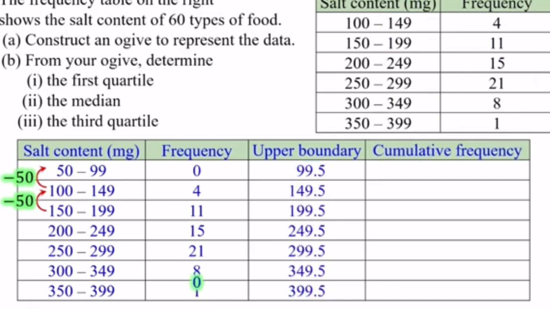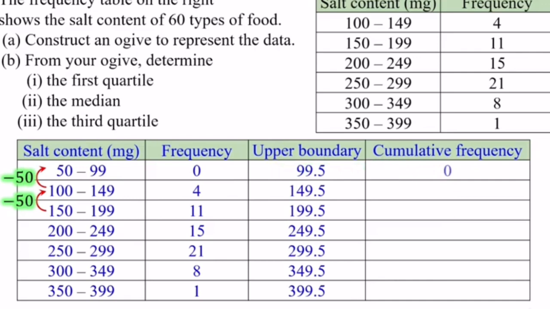From the beginning it is 0. If 0 is at the beginning, it still remains 0. For the second one, you have to take 0 plus 4. You have to accumulate the frequency. That's why we call it cumulative frequency. So you take 0 plus 4 for the second class interval, which is 4.